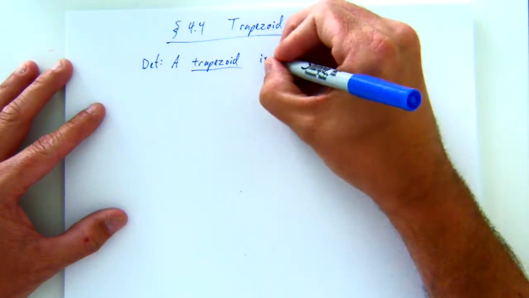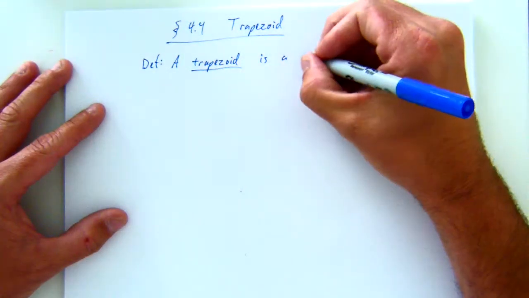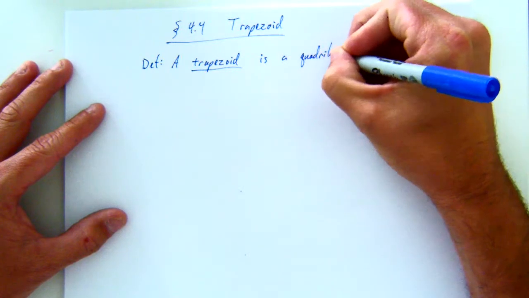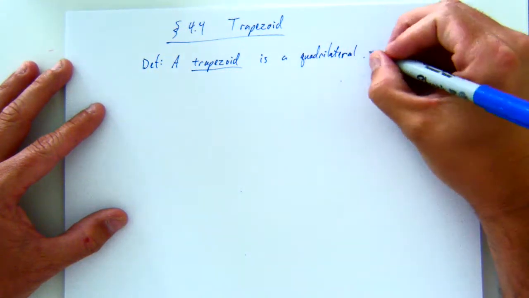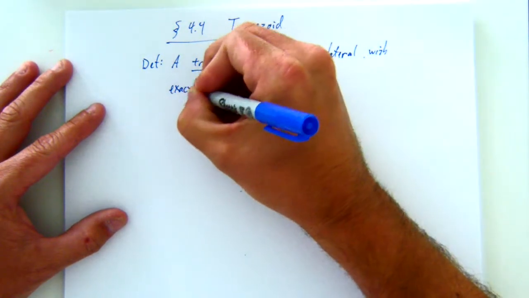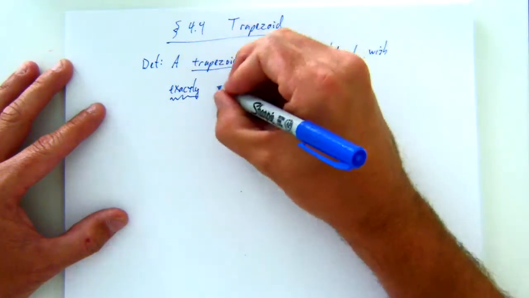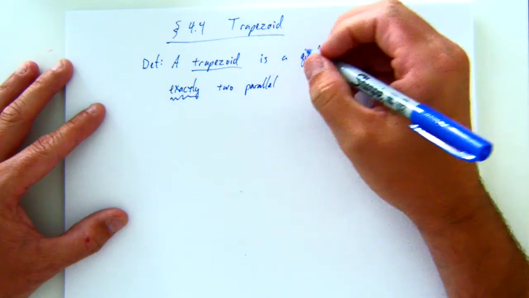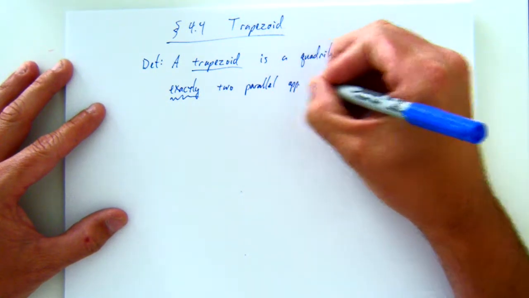A trapezoid is not a parallelogram, it is a quadrilateral with exactly, and this exactly is important, exactly 2 parallel opposite sides.